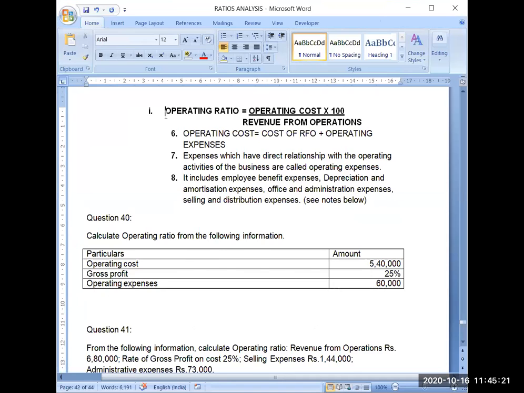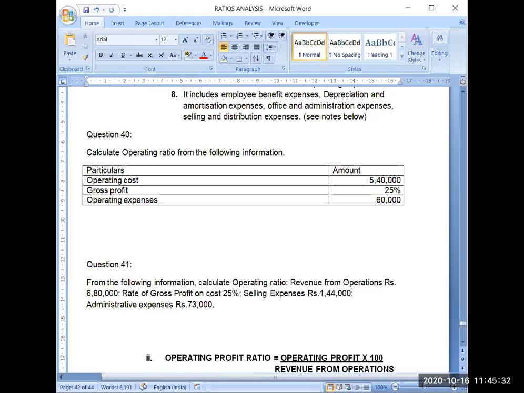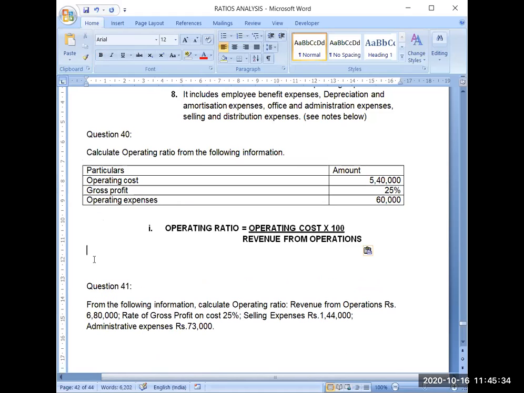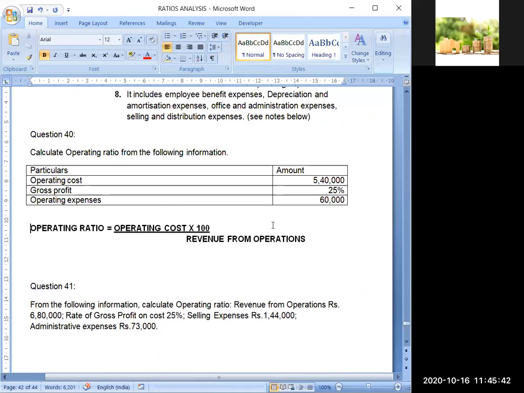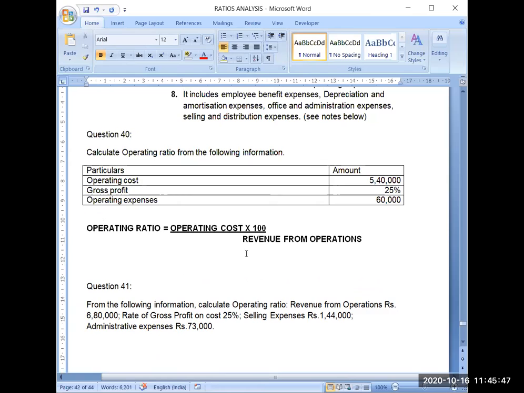So first I will put the main formula here for operating ratio. Operating cost into 100 upon revenue from operations.